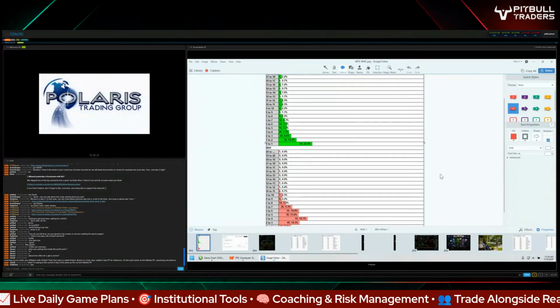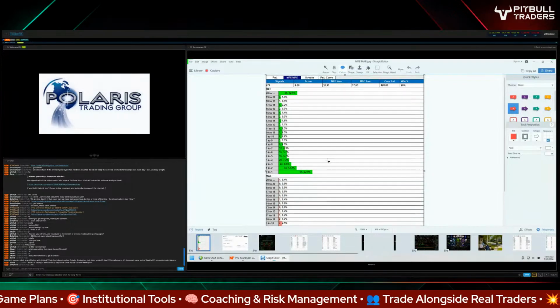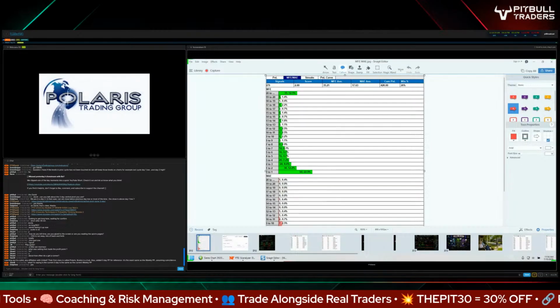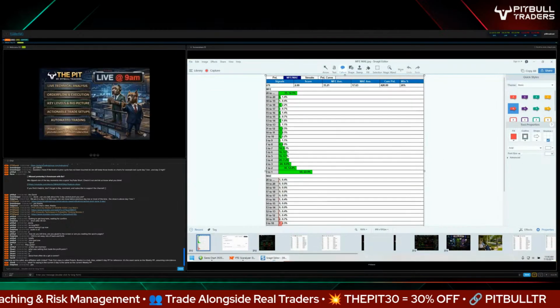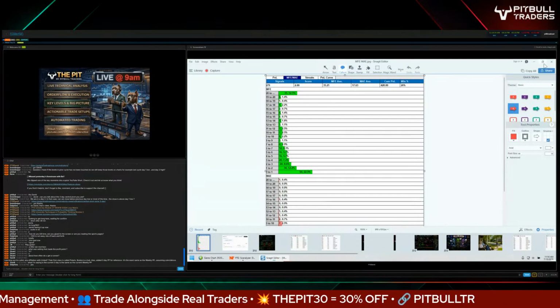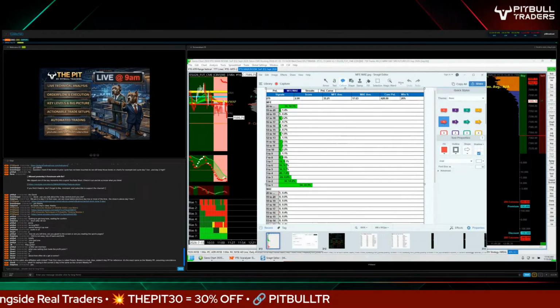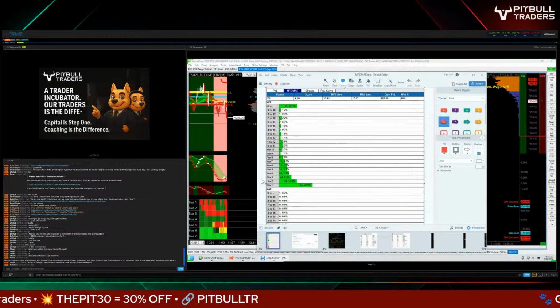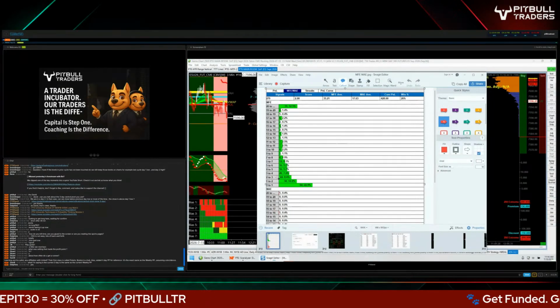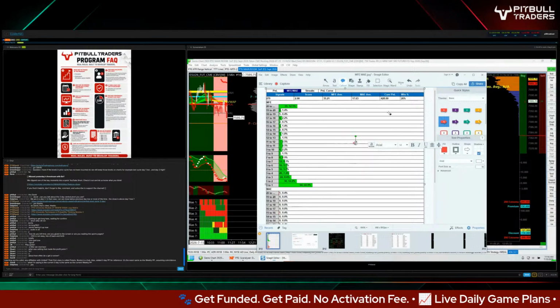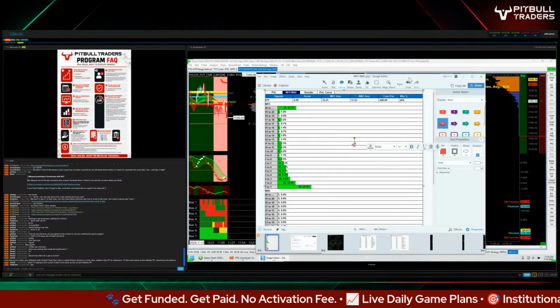Okay, so what this graphic sheet shows is this is the... wait a minute here. For some reason, it's not allowing me to draw on it. No, I don't want that. Okay, stand by.